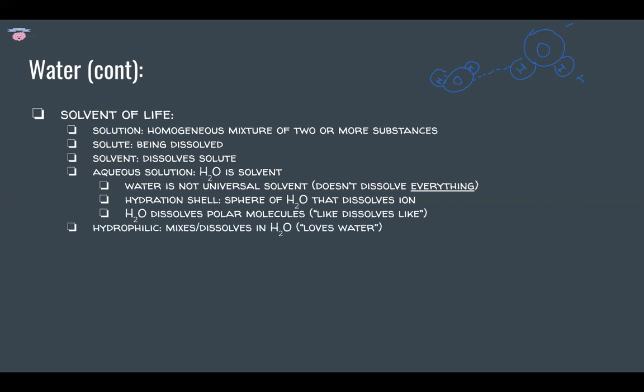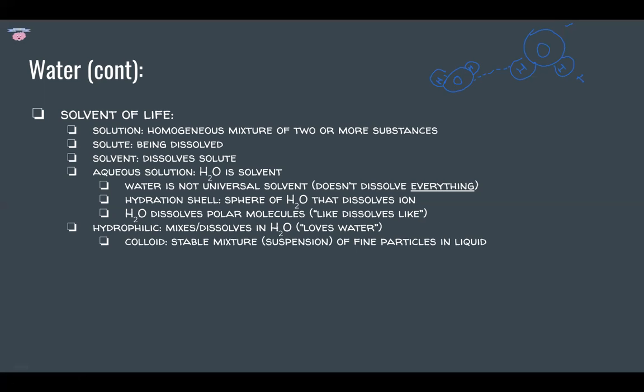Hydrophilic means that the substance mixes or dissolves in water. It's also called a substance that loves water. Meanwhile, a colloid is a stable mixture of fine particles in liquids. It's not a solution per se, because it still has fine particles. It's also called a suspension.